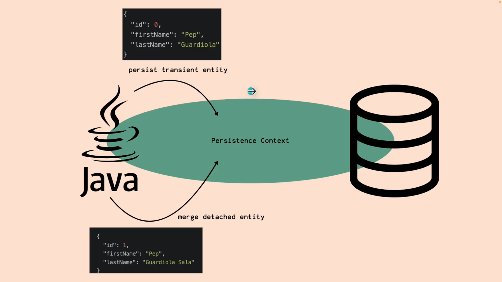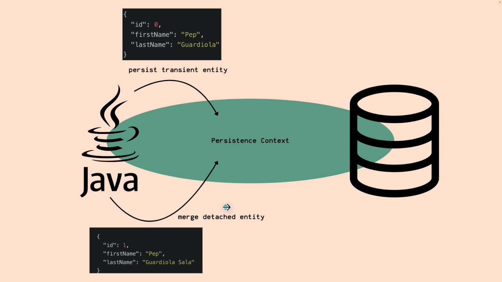Now, if we want to update an object that we think has to be known by the persistence context already or by the persistence unit, then we have to use the merge method. An entity that could be known or is known by the persistence context or the persistence unit is called a detached entity.